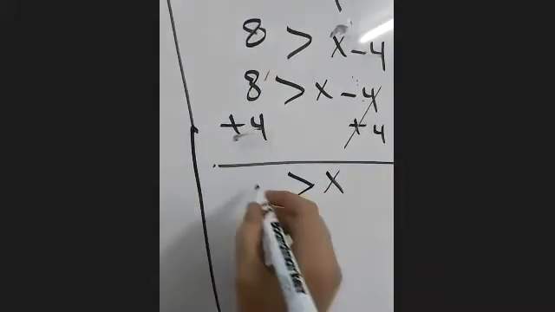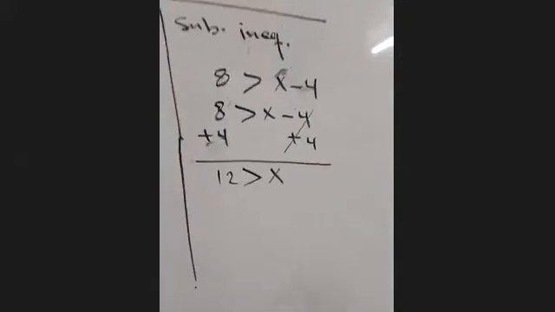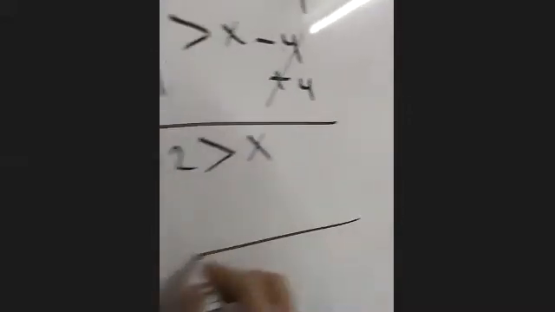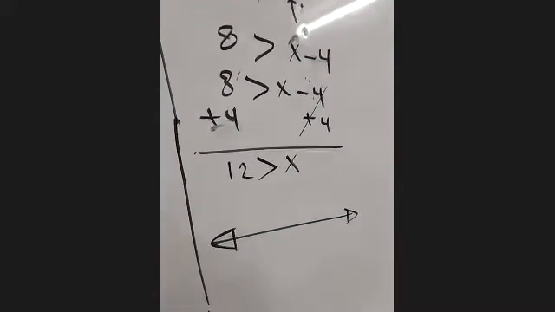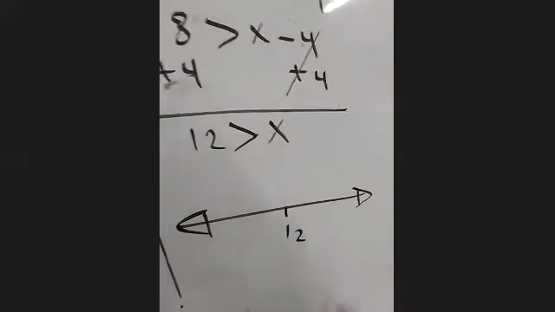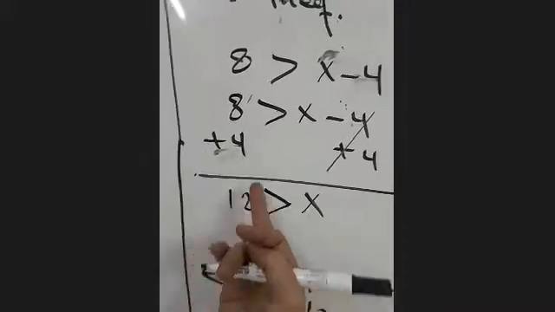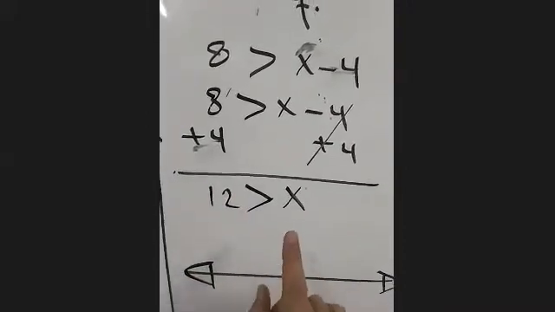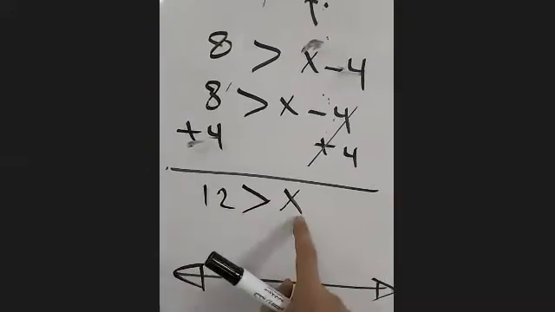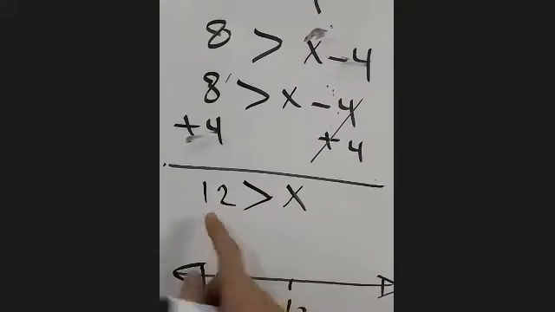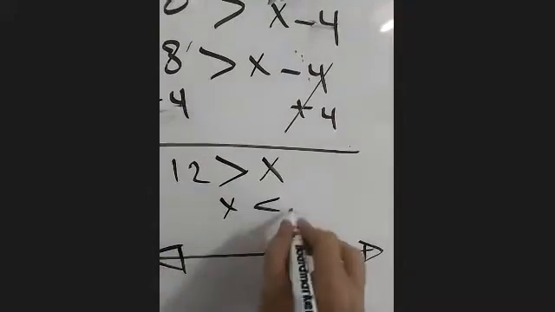Now 8 plus 4 is 12. Now to graph the solution, we will go to the number line and we put the 12 here. Let's read this inequality. Don't say 12 more than x, no. Say x less than 12.